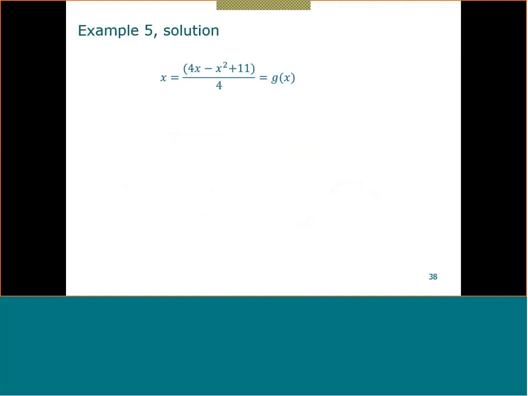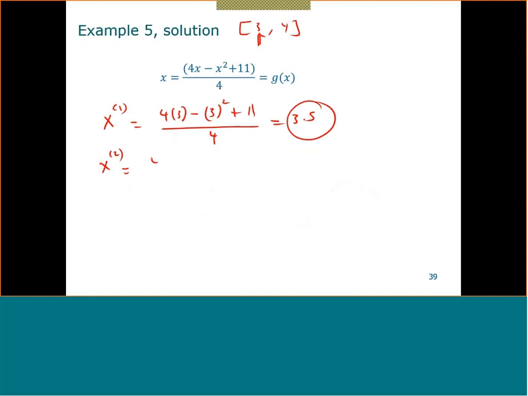If you remember, we said we'll start from 3 and 4 for the bisection method. Now we'll take 3 as our starting point. So x1 will equal (4 times 3 minus 3 squared plus 11) divided by 4, and this is equal to 3.5. x2 will equal 4 times 3.5 minus 3.5 squared plus 11, divided by 4, and this is equal to 3.1875.